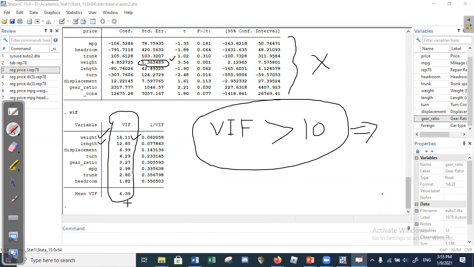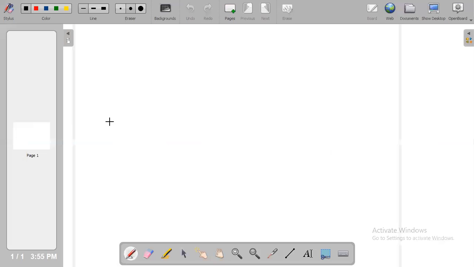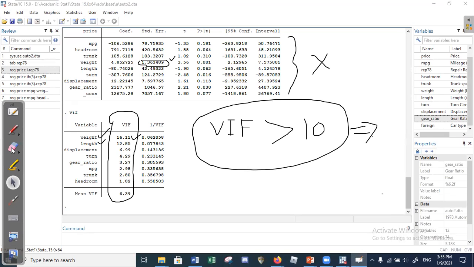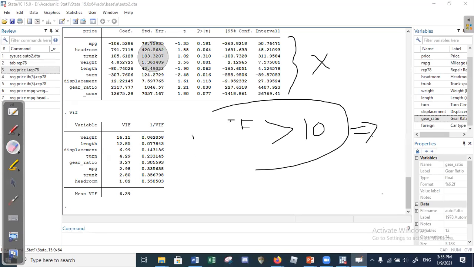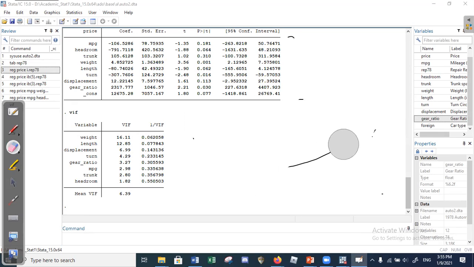Now, what would be the solution? I mean, what should you do so that this problem is solved? Although in another lecture I will tell you something more about that, right now I can tell you that one solution that people usually adopt is to drop the highly collinear variable.